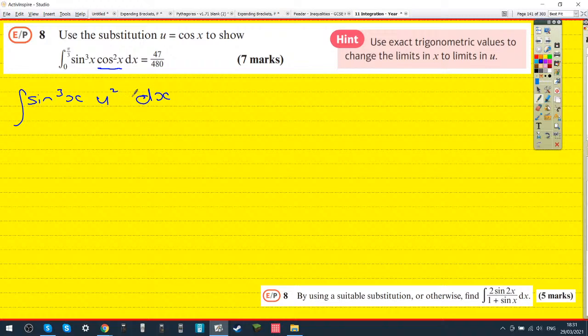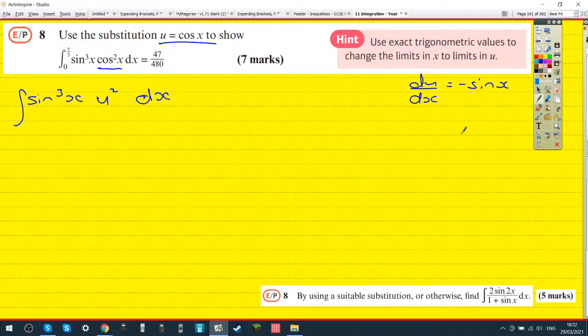The other thing we always have to do is replace the dx with du. So let's do that and see what happens. Does that mean I need to integrate the left equation? Differentiate the substitution. Yeah, and so that will be minus sine x.